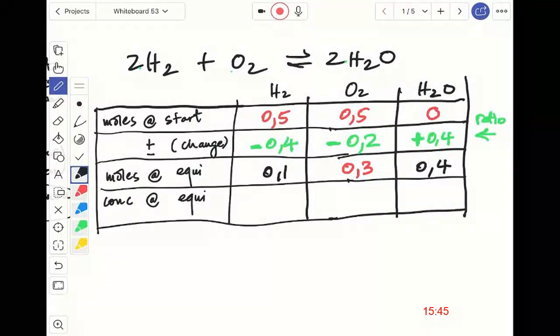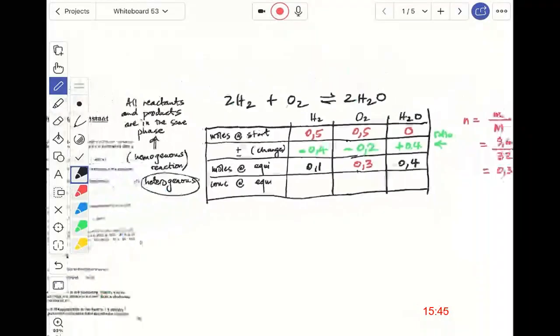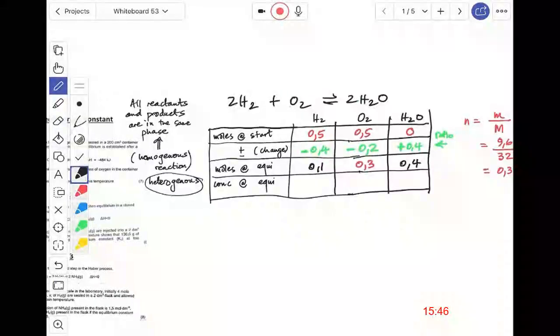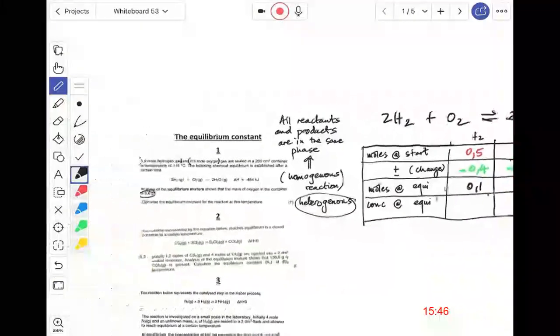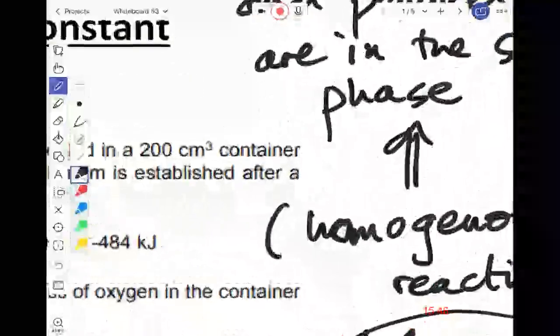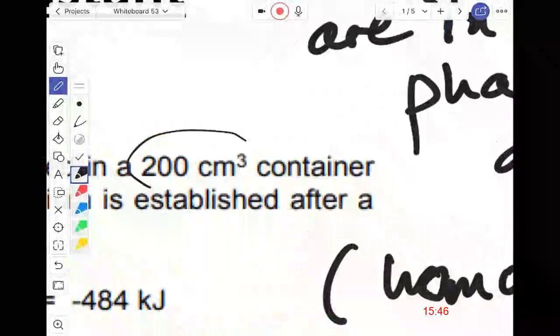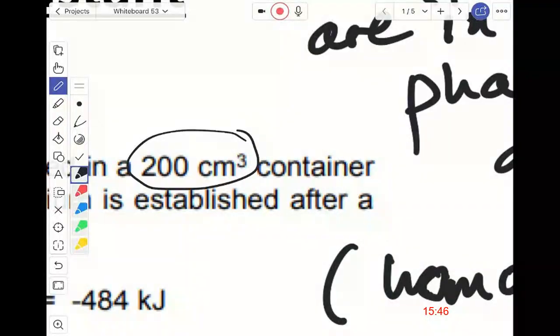Now, I remind you that our equilibrium expression is about concentrations. And I go back and I look at my volume. And my volume is 200 centimeters cubed.